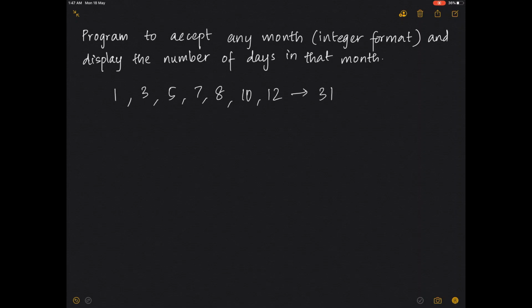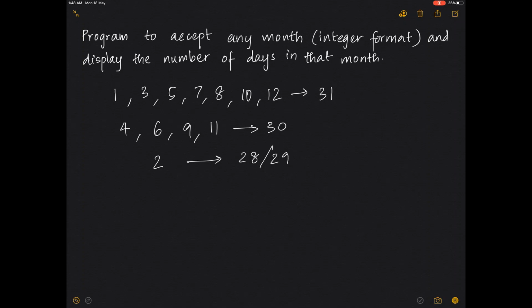And the ones that have got 30 days are April and June. Then comes September and November, which have got 30 days. Then comes our month of February, which has got 28 in a non-leap year, and it has got 29 in a leap year.